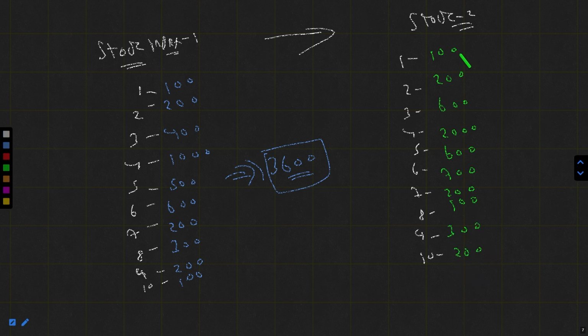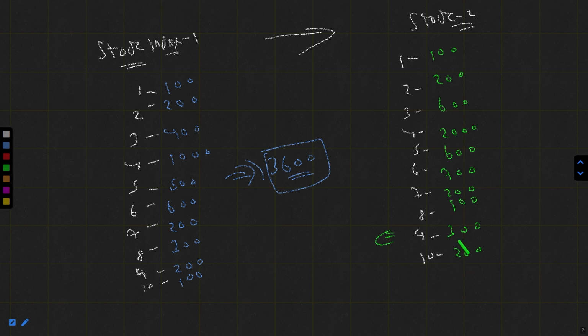Now just calculate the value. 300, 900, 1100, 1700, 2400, 2600, 2700.